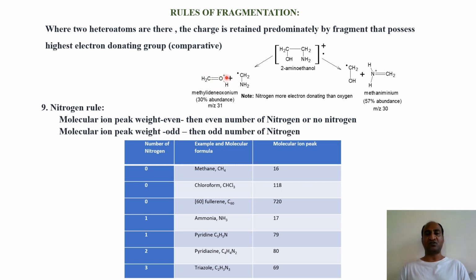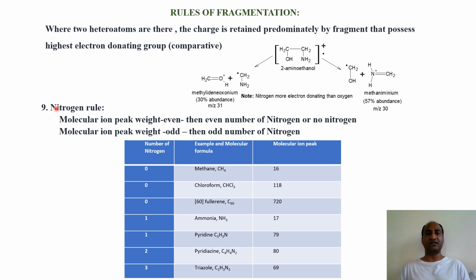So it depends on the electron donating nature of the heteroatom. The atom which is more electron donating in nature will be formed in the highest number. So nitrogen is more electron donating than oxygen. So the nitrogen containing fragment is 57% as compared to the oxygen containing fragment of 30%.